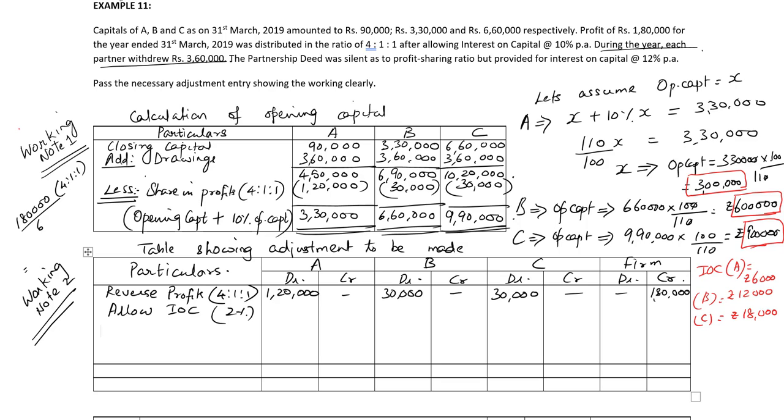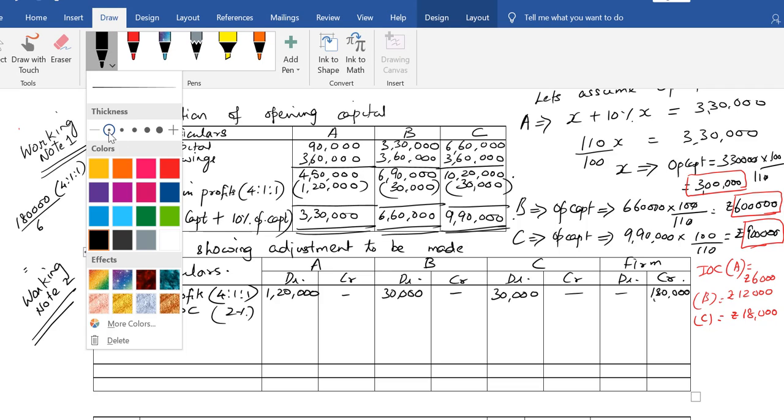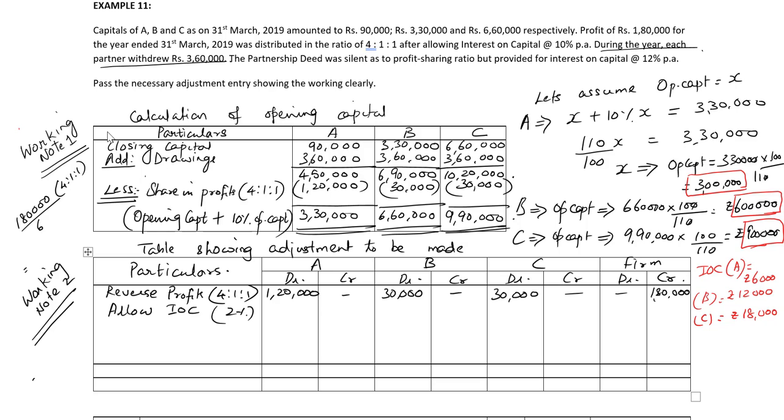So we need to allow this IOC. For allowing the IOC, we need to credit the partner and debit the firm. Credit A with 6,000, credit B with 12,000, and credit C with 18,000.